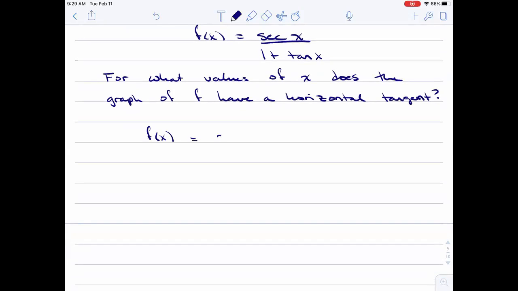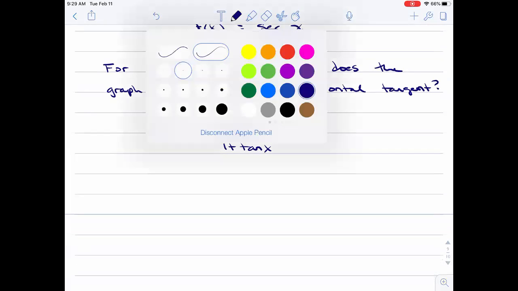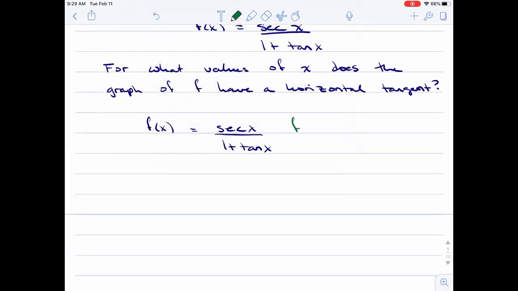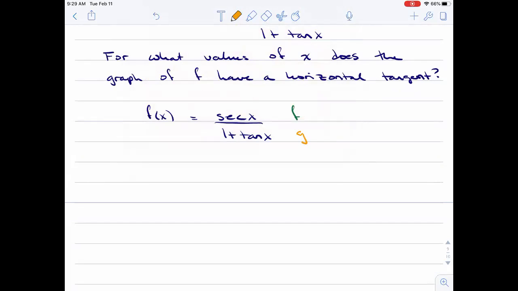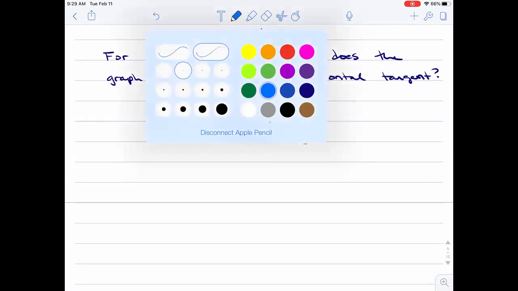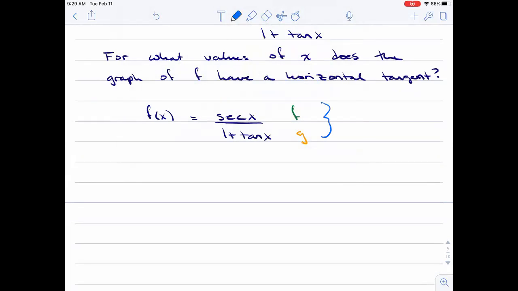If we take f of x as secant x over 1 plus tan x, we know we've got a quotient rule here, and our f is secant x, and our g is 1 plus tan x. So here I'll just highlight that we've got a quotient rule combined with our trig functions. They'll behave the same way though.